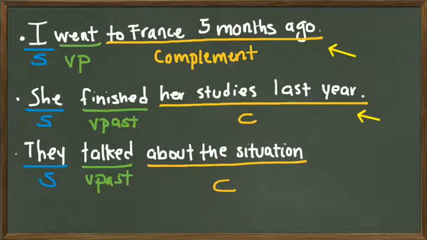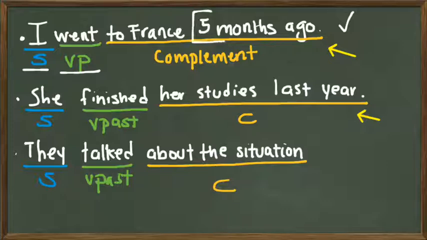Let's look at some examples now. Number 1, I went to France 5 months ago. As you can see, the formula is exactly the same as we saw before. We have the subject, the verb in past, in this case went, and our complement, to France 5 months ago.